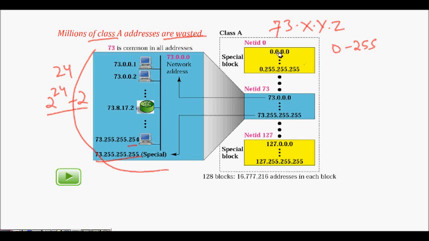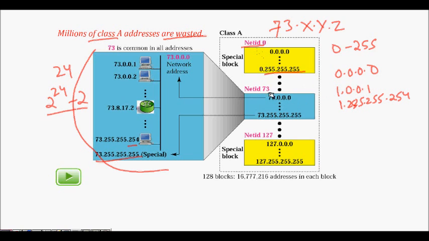So now you can imagine that your network starts from 0.0.0.0, network ID 0. This special block goes till 0.255.255.255. Then you have 1.0.0.1, it goes till 1.255.255.254, okay, like this.